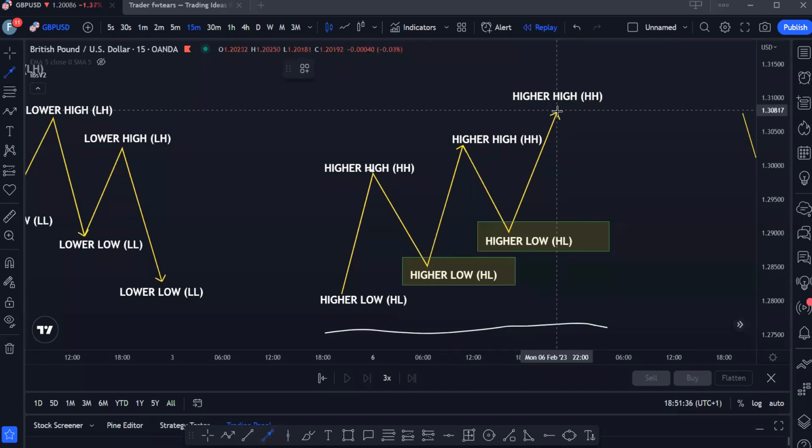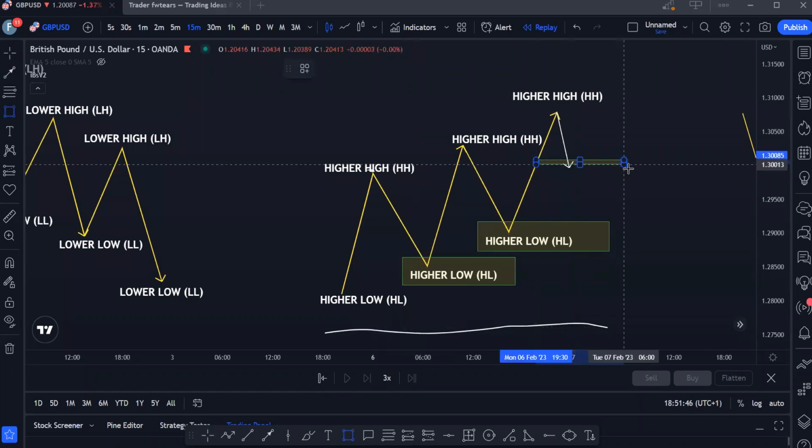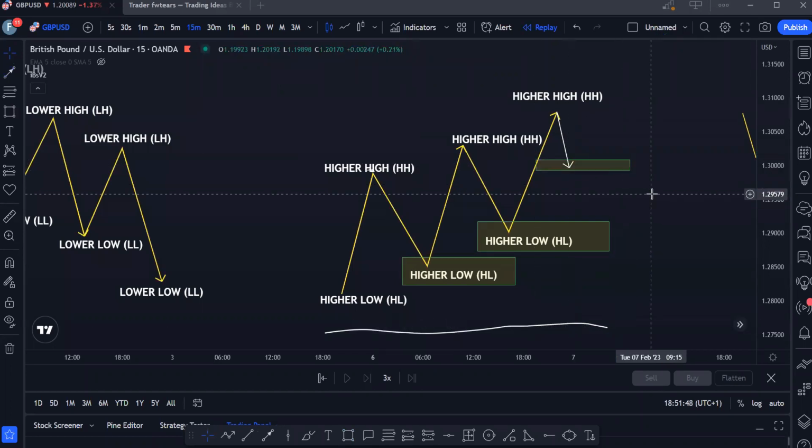Because if price gets here, somebody might say it's a higher low and just buy from here. What determines a higher low? What confirmations or validation do you need to put in place to be able to really highlight a higher low in an uptrend?